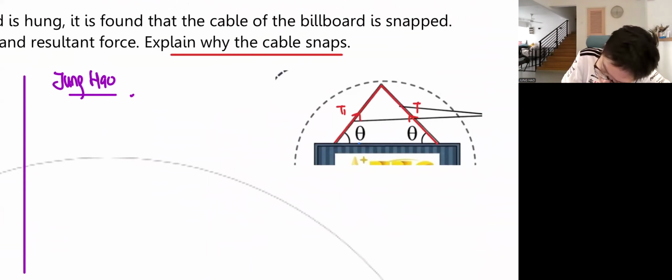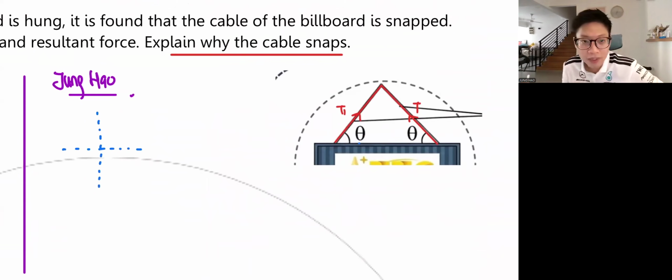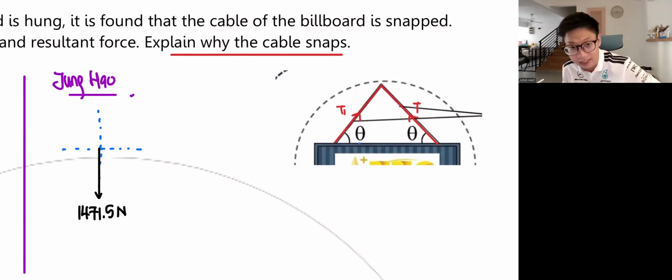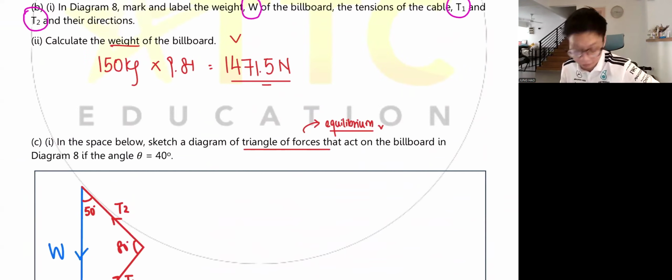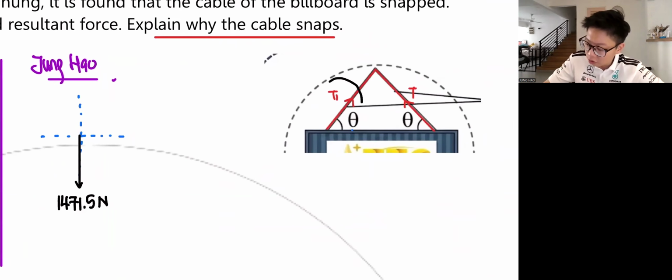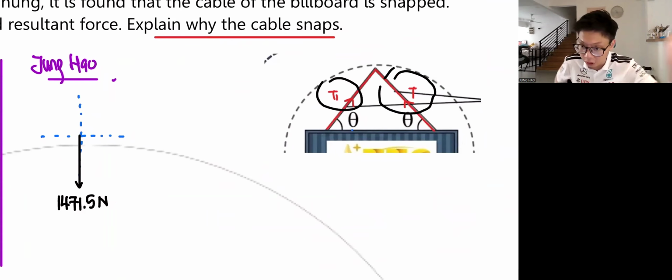So Jung Hao called this the cross method. The cross method essentially is you have a force that goes down, which is 1471.5, the weight of the billboard. Then we will copy the two lines here into the picture.